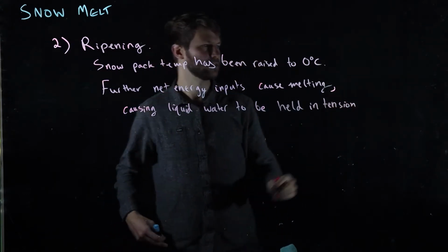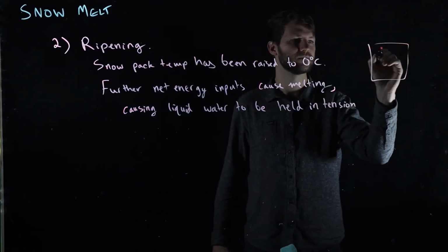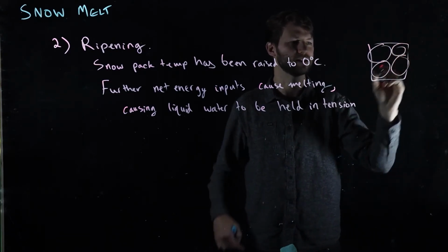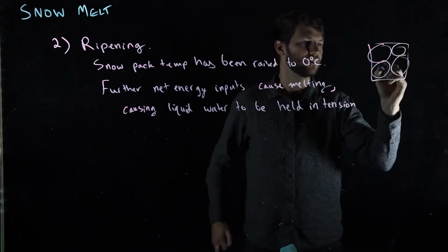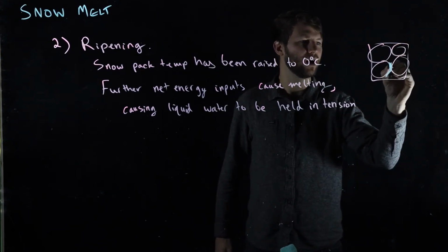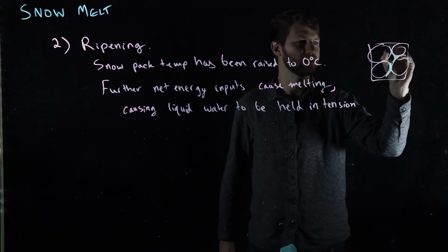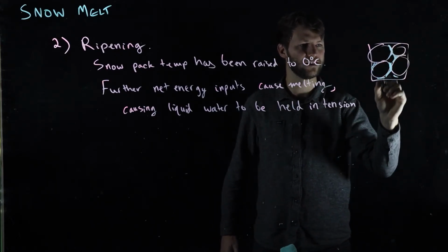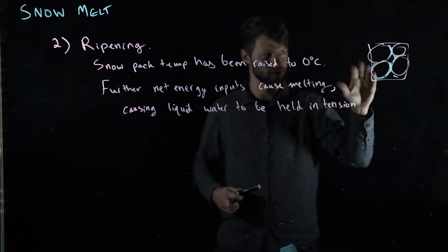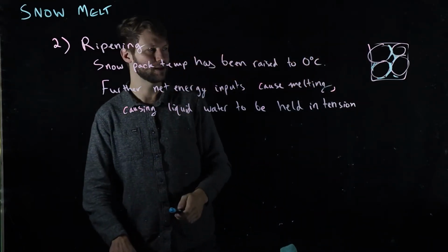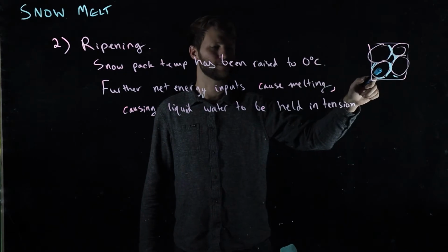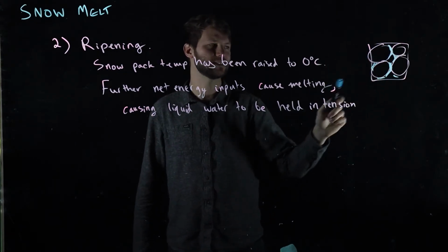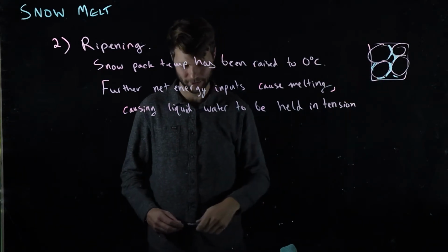And so if I were to just kind of draw, if these are my snow particles here, we've now got liquid water, but it's adhered to the grain boundaries here, and there's not enough of it to actually be draining down. And so within the ripening phase, you're adding heat to the snowpack, you're melting water, but it's just clinging, it's sticking around in the snow, it's not draining out.